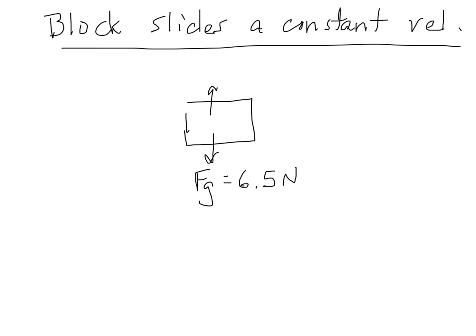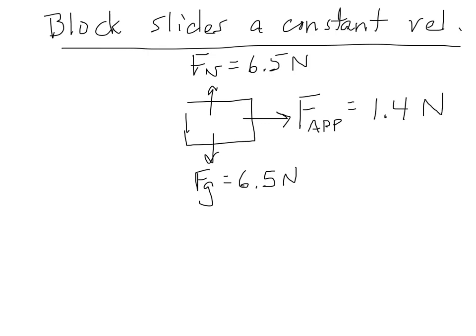So we still had those two vertical forces. But did you notice that the scale was only applying 1.4 newtons as it was sliding across? I tried to catch that well enough on the video that you could see it. That was as I was pulling it at a steady speed. I played it for a little while so you could tell I wasn't trying to get it faster or slower. So now the scale is down to 1.4 newtons.